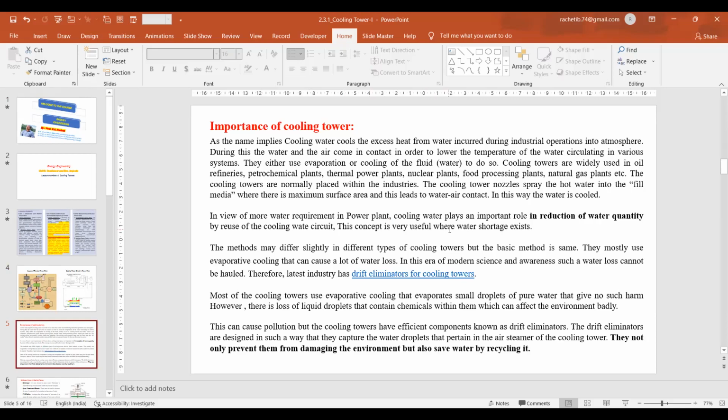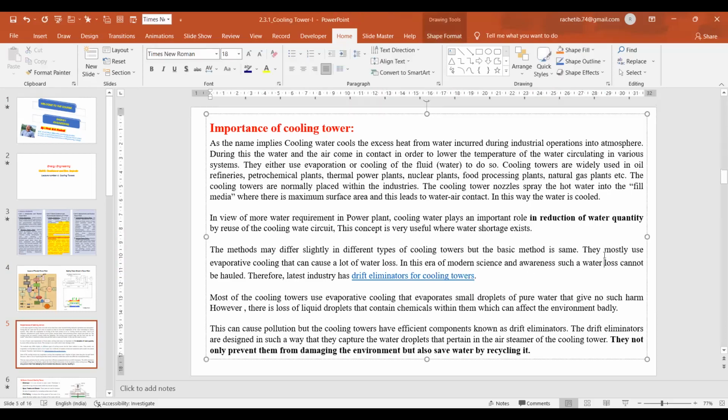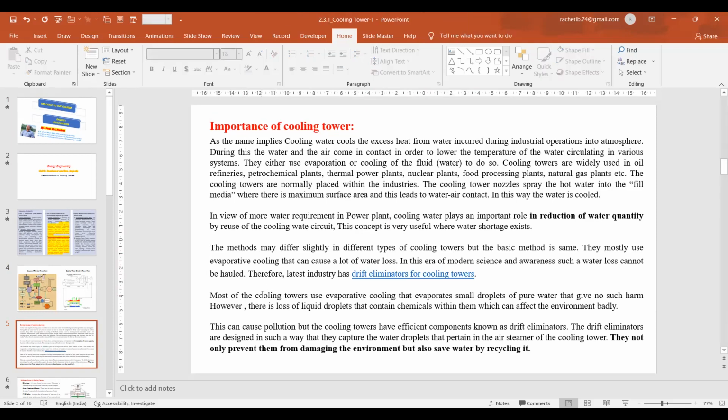This concept is very useful where water shortage exists. The method may differ. There are various methods which we are going to study in detail, but the principle is the same. That is to cool the water, and hot air flows towards the atmosphere through the chimney, in the upward direction.